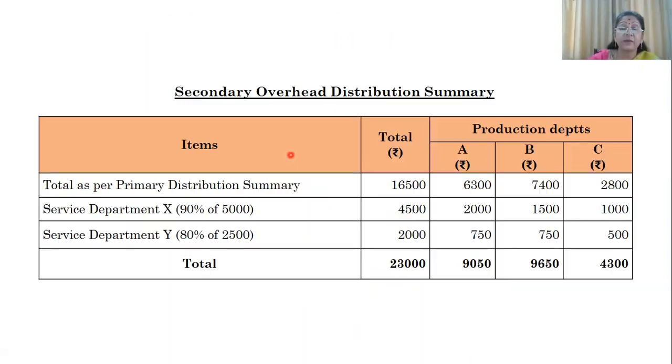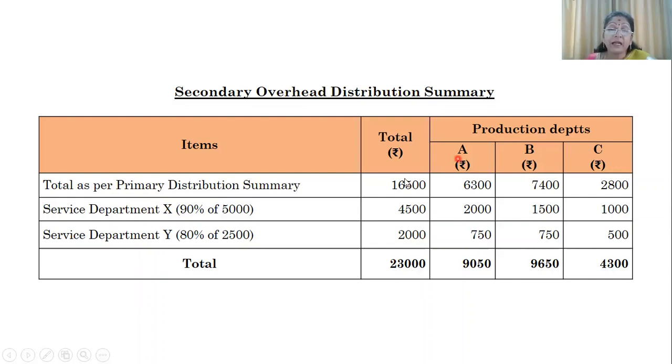What is the next step here? We have to make the column like this. Items, total, we have to provide a total column. The 3 production departments, not the service departments, only production departments.